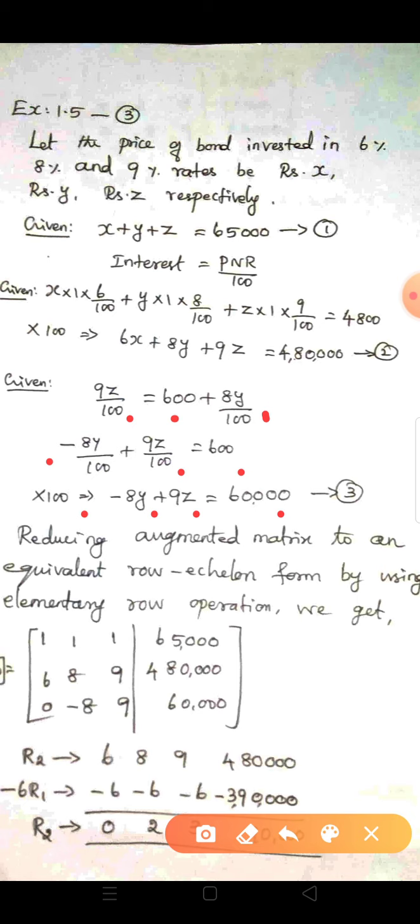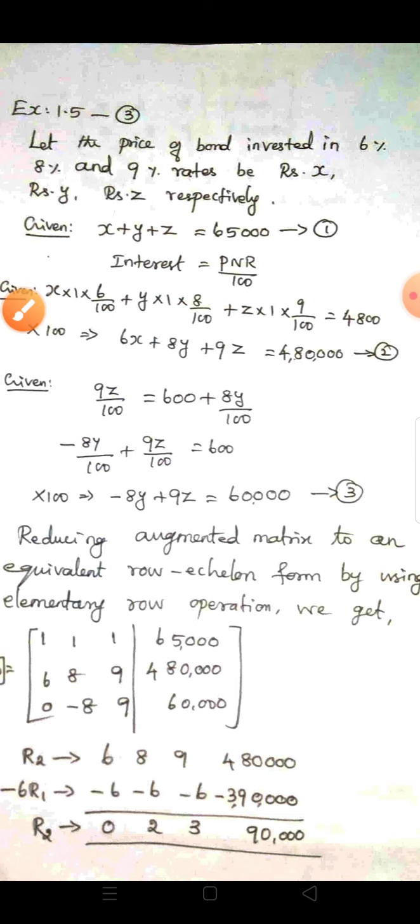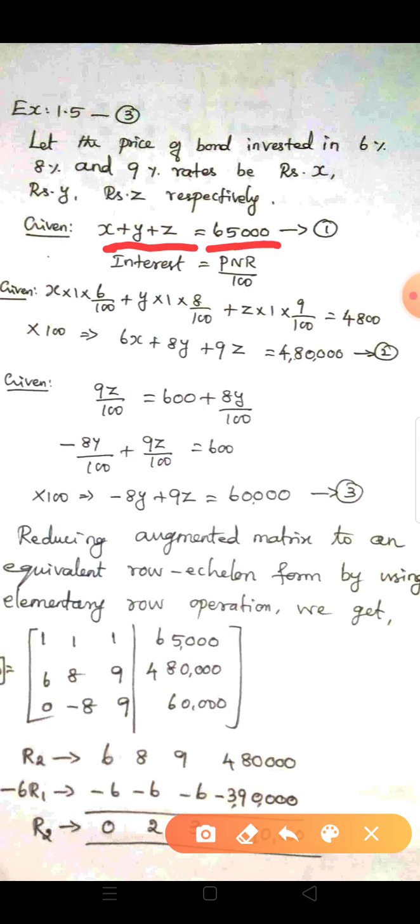Now reducing the augmented matrix to an equivalent row echelon form by using elementary row operations. From the first equation, we write the coefficients and right hand side: 1, 1, 1, 65,000. From the second equation: 6, 8, 9, 4 lakh 80,000.